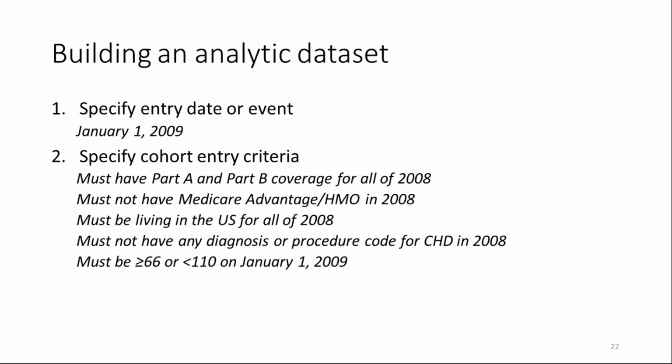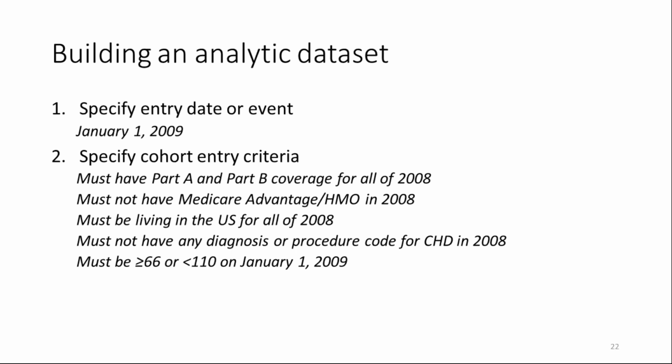Let's say we want them to have coverage for all of 2008 in this example. They can't be a part of another organization that we don't have the information on. So if they join an HMO and they're also covered under Medicare, we don't know what happens when they use the HMO, so we lose that data and can't capture them anymore. We need them to be living in the U.S. and they can't have a diagnosis or procedure code for that history of heart disease in the year prior.